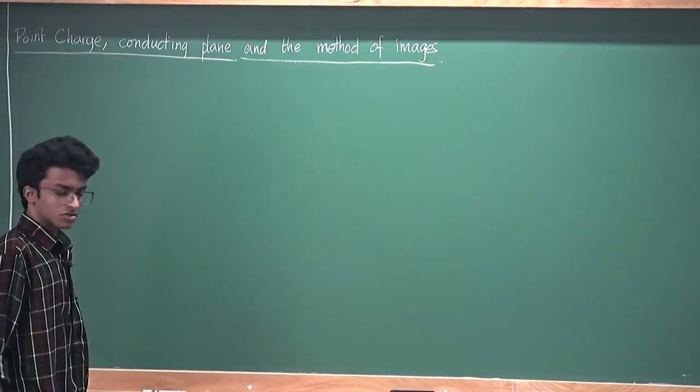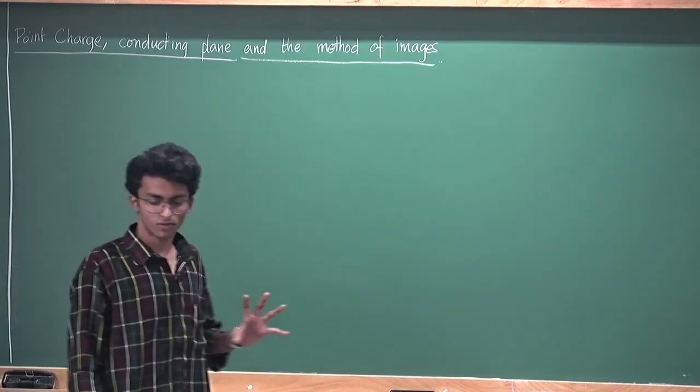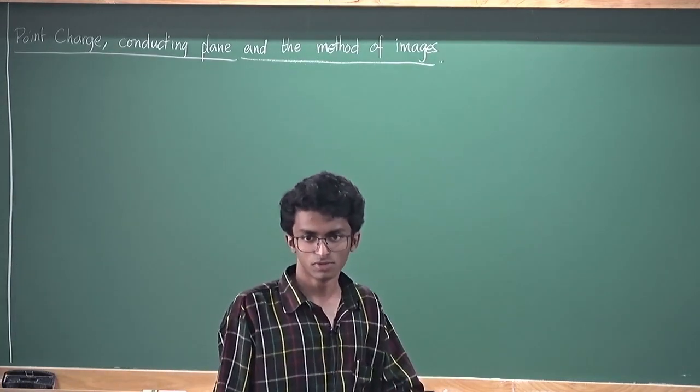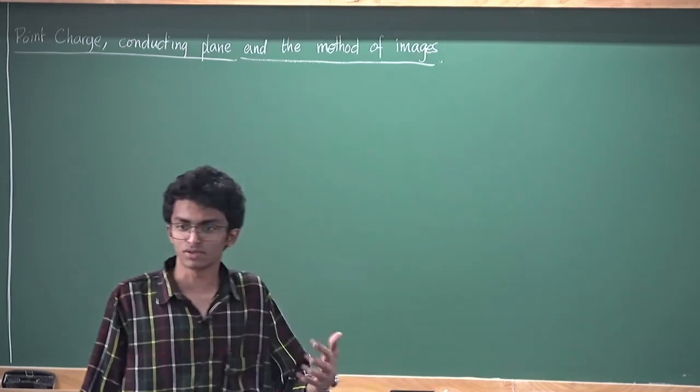Okay, so the problem that we're going to solve first, for me to derive the method of images for you, and from there you will see how to use it for other problems, okay?